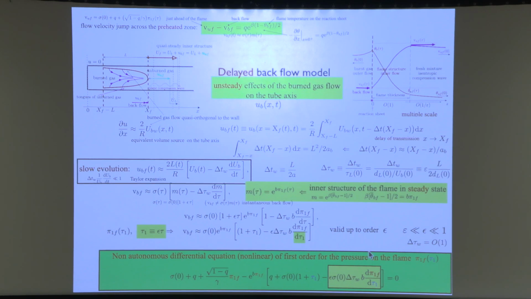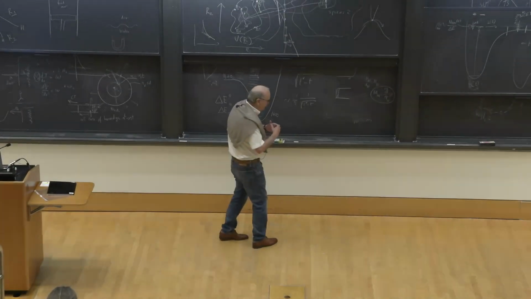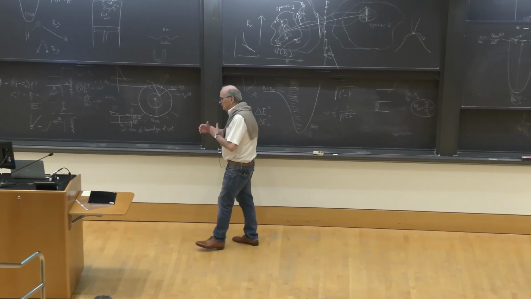Now you have an equation which is a non-autonomous differential equation. Why is it non-autonomous? Because the time appears in the equation, not only the derivative and the solution. P is the pressure on the flame, and P1 is just the increase of the pressure in the flame.